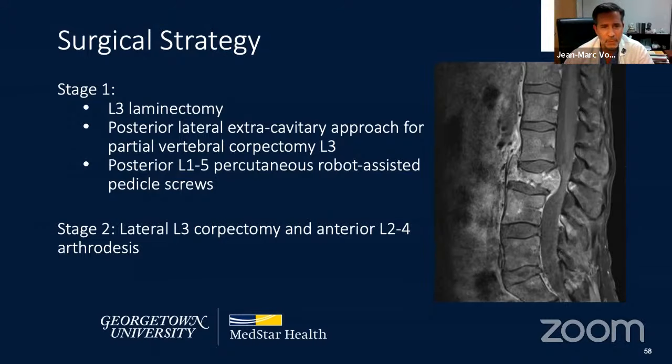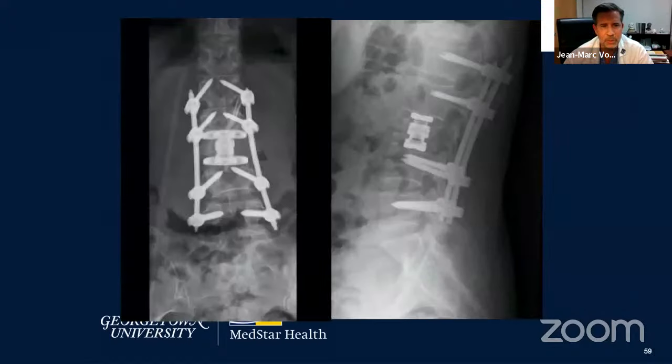I was ambitious and hopeful that we could do this all from a posterior approach, and I was wrong, for the obvious reasons: with that degree of vertebral body collapse, the nerve roots were so close to one another, and I didn't have a robust expandable cage to place from a posterior approach, which is why I took her the next day for a tubular lateral corpectomy at L3. But I'd be curious if anybody would consider a posterior vertebrectomy here in the lumbar region, or has attempted these or had success with these in the past.